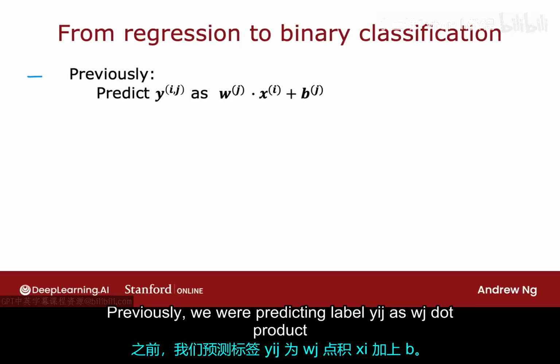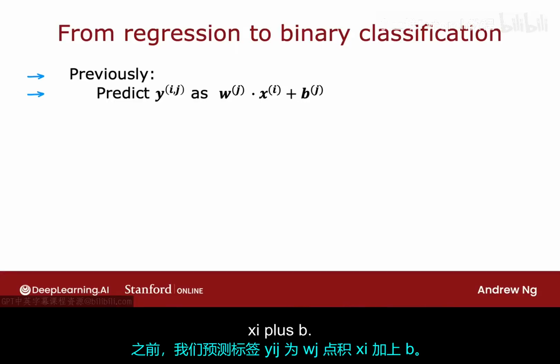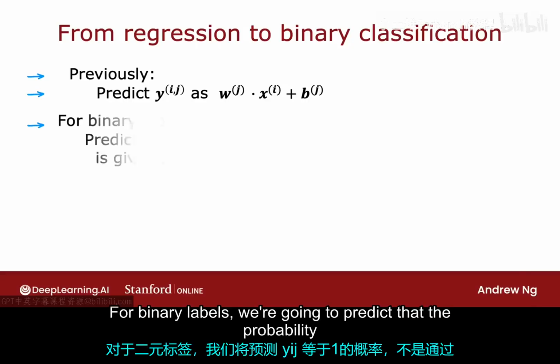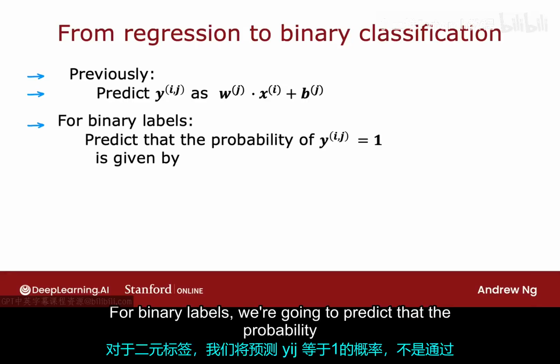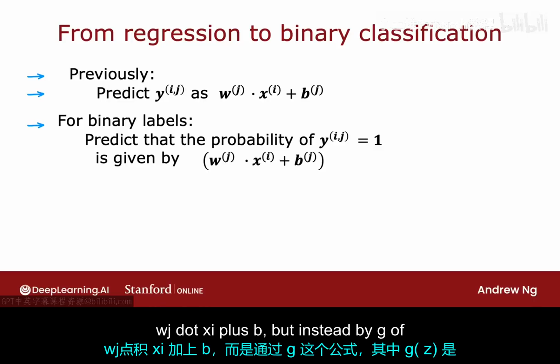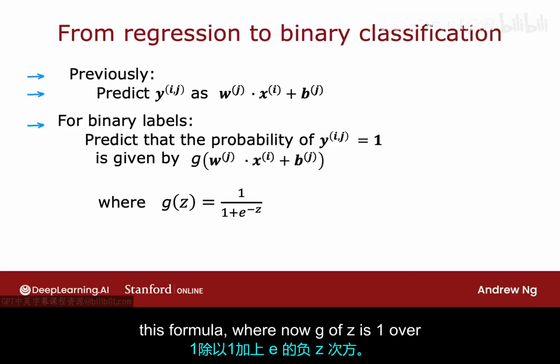Previously, we were predicting label Yij as Wj dot product xi plus b. So this was a lot like a linear regression model. For binary labels, we're going to predict that the probability of Yij being equal to 1 is given by not Wj dot xi plus b, but instead by g of this formula, where now g of z is 1 over 1 plus e to the negative z.